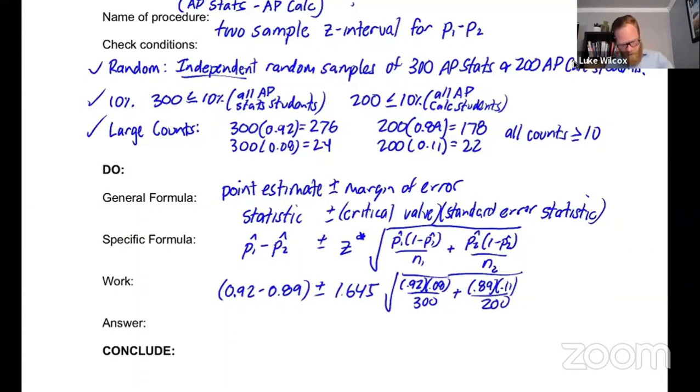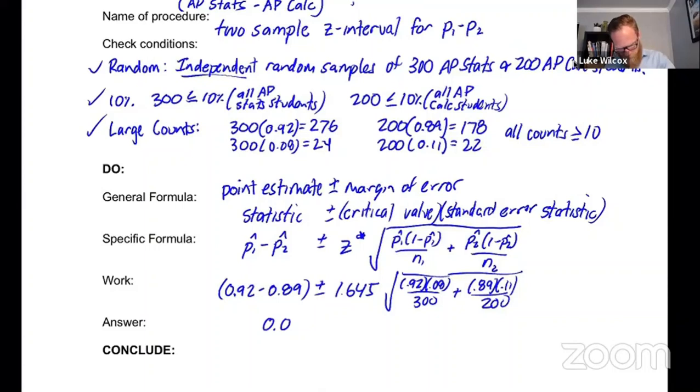So a little bit of calculator work here. I've got our answers. 0.03 was the difference in sample proportions, and the margin of error is 0.045. And so that is going to give us a final answer of negative 0.015 up to 0.075 as our final answer for the confidence interval.